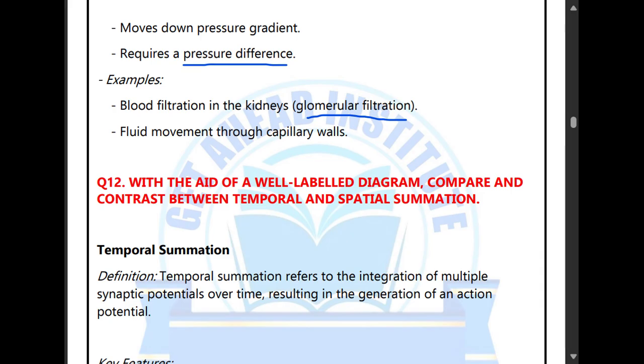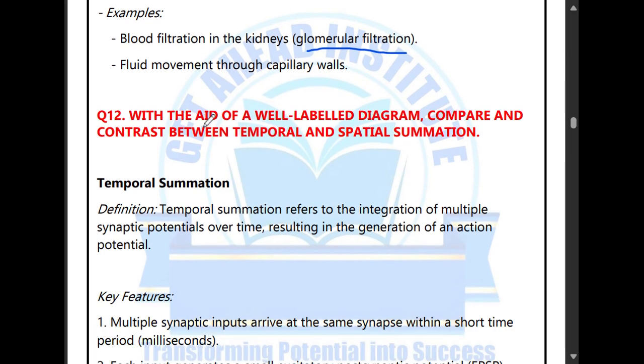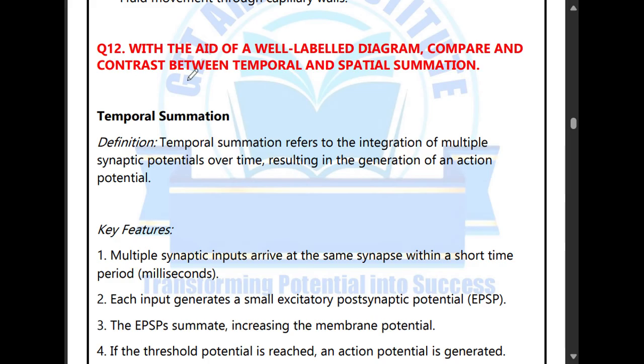Okay. So now, the next question, we'll look at question 12. Question 12 says, with the aid of a well-labeled diagram, compare and contrast between temporal and spatial summation.